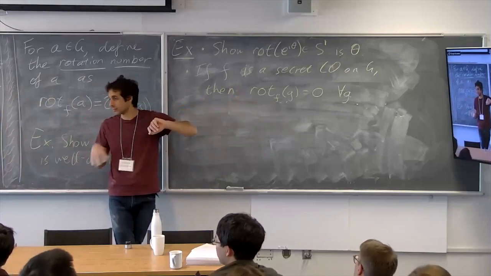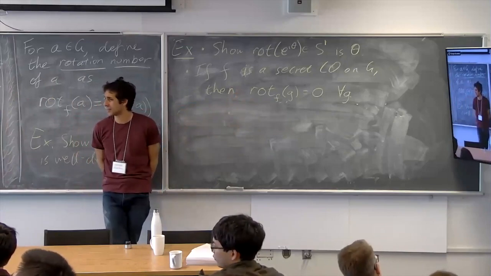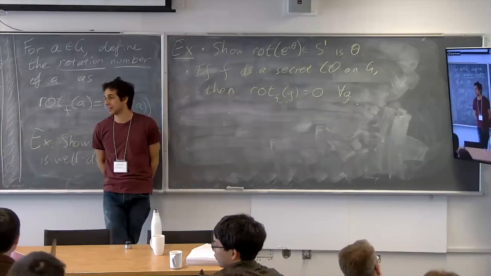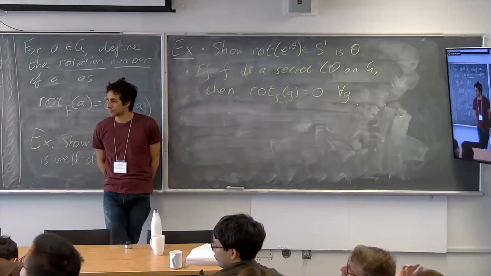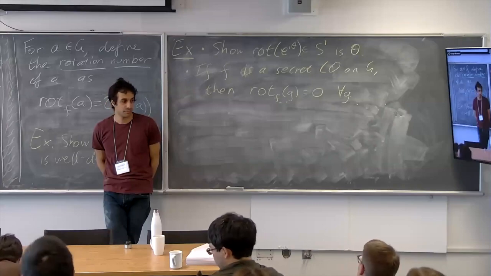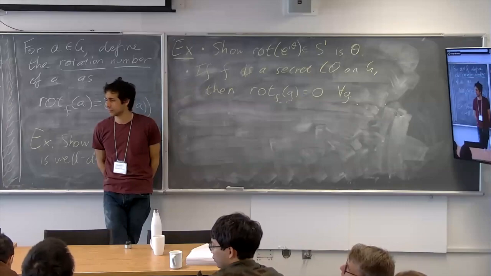Whenever you have some S1 acting on the circle, you have to prove that the action is continuous and it is indeed the action by rotations. Because you don't have for free that the action of S1 on the circle is the one by rotation. It's like you have the rationals and then you have the irrationals. So you have a free part and then there is the Q part.